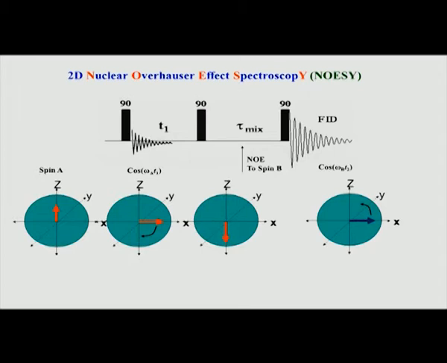So, just observing a peak in a NOESY spectrum itself tells us that there is distance information, because only if they are less than 5 to 6 angstroms would you expect them to show any interaction.